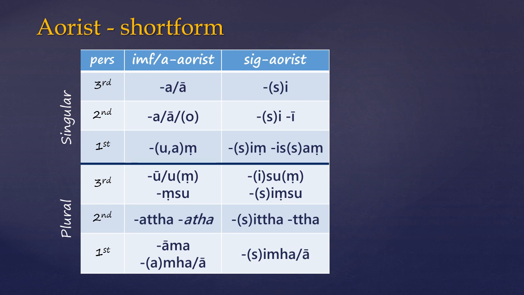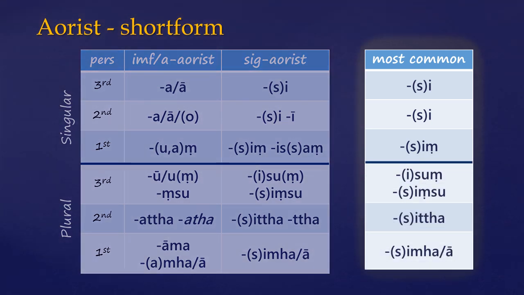But note, these terms relate to derivation, and not to their meaning, or how they're used in practice. And by far the most common inflections can be reduced to a single table for most practical purposes. So these are the ones that you need to memorise if you're that way inclined.